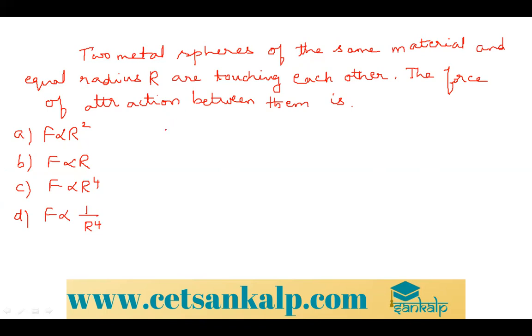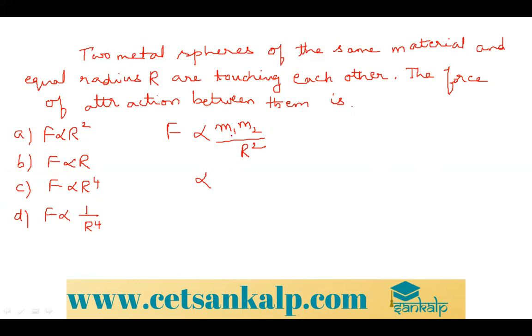Now we know the formula: F is proportional to m1 m2 divided by r square. They have given two metal spheres of the same material and equal radius. Keeping that in mind, I can write the mass as volume into density.